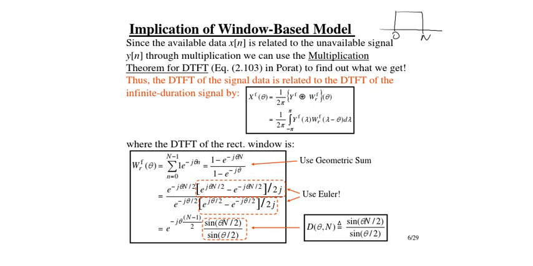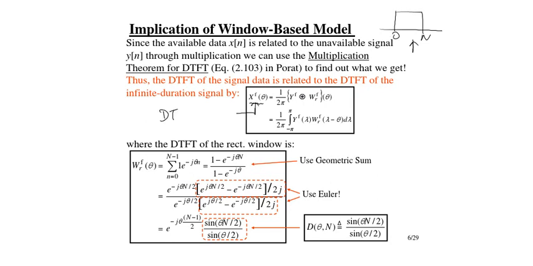This is in the time domain, right? In the frequency domain, this will be a sinc function, right? So we can say that x of theta is nothing but the DTFT of the finite signal, right?